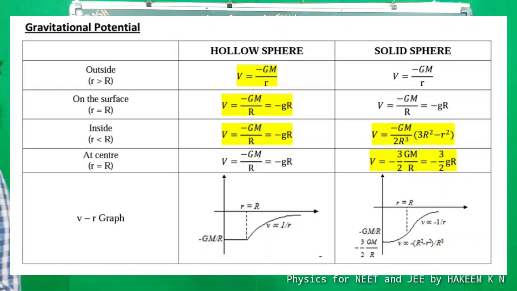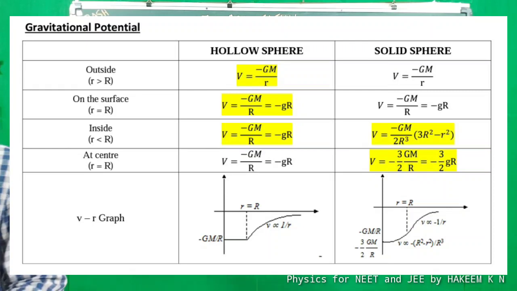You can see inside, potential is given by minus GM by 2R cube into 3R square minus small r square, where small r is the distance from the center of Earth or from the center of the solid sphere. So at the center you can put small r equal to 0, then you will get minus 3 by 2 GM by capital R. For GM by capital R you can put gR, so you will get minus 3 by 2 gR.